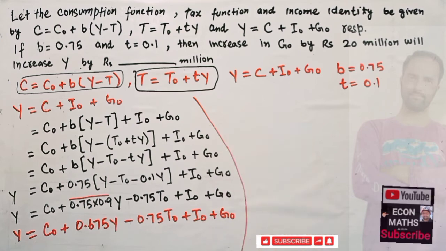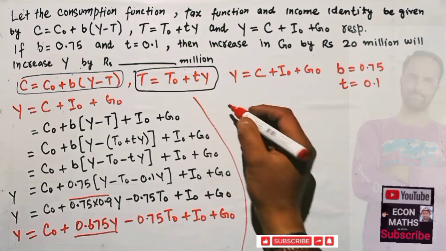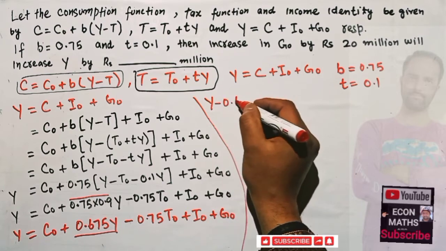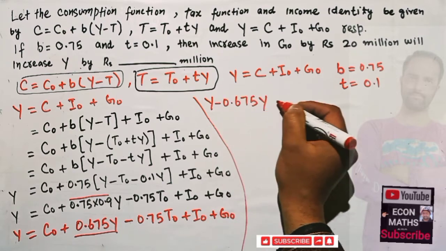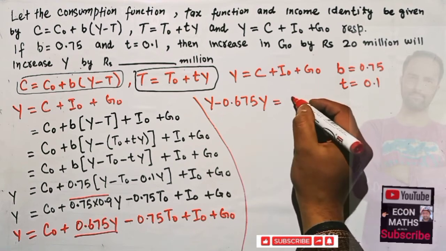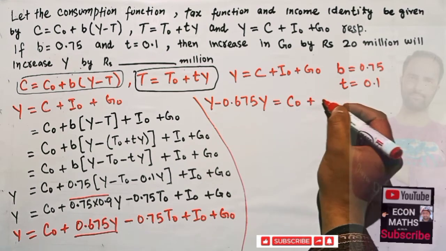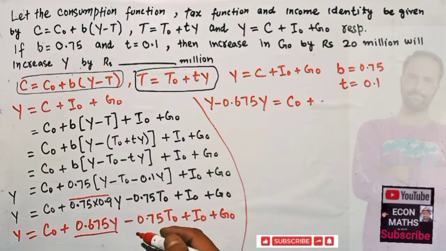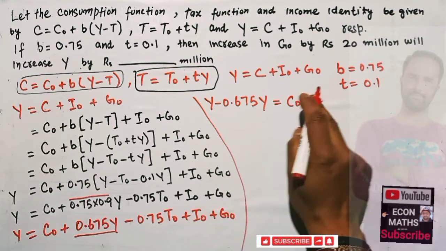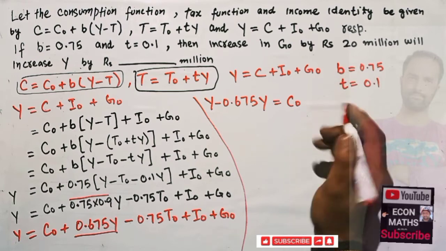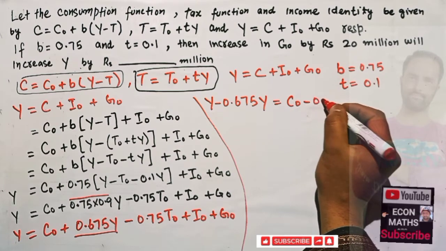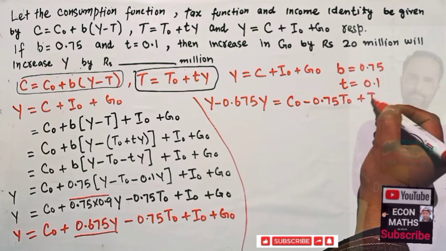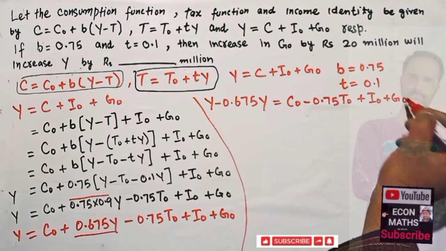Okay, now transposing this to the LHS, that means Y minus 0.675 Y is equal to C naught minus 0.75 T naught plus I naught plus G naught.